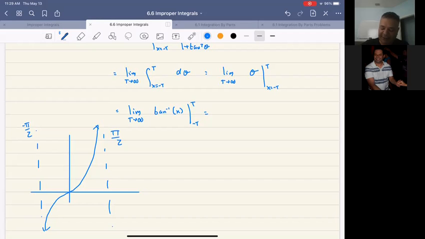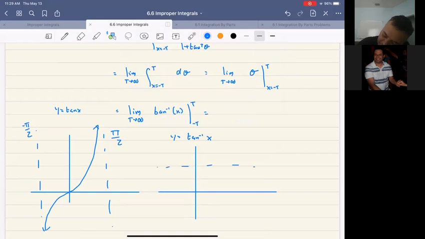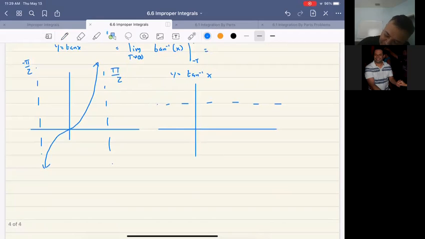Now the arctan is the inverse of that, so that means it's going to have horizontal asymptotes. It's going to look like so.